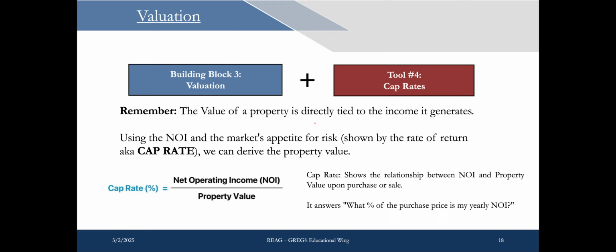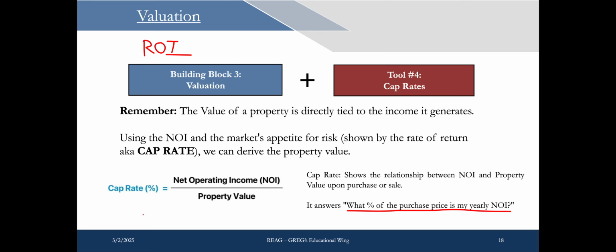So what is cap rate? Cap rate, you can simply think of it as a real estate industry specific term for something else you've heard before, which is ROI, return on investment. So the calculation for cap rate is your NOI divided by your property value. What percentage of my purchase price that I've spent am I getting back every year in terms of my net operating income?